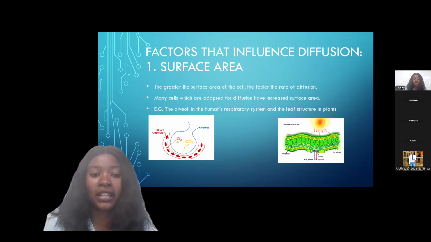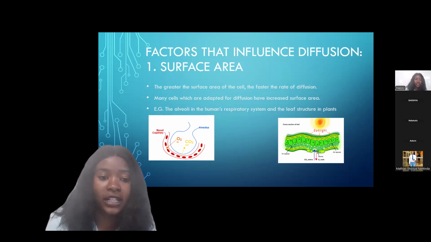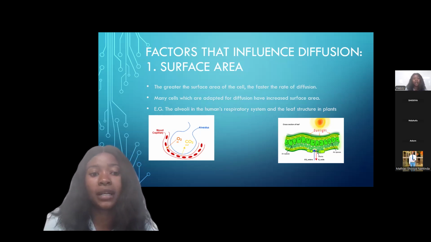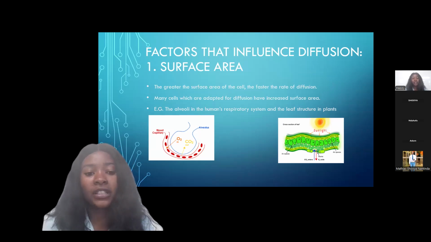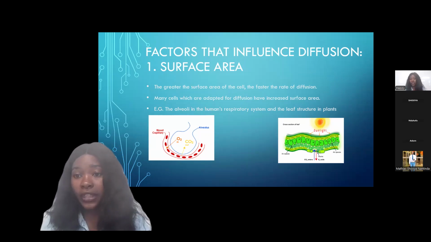That is just showing that oxygen is diffusing from the alveolus going into the blood capillary because it is highly concentrated in the alveolus. That's why it's moving to the blood capillary where it is lower concentrated. All right. And then the carbon dioxide, however, it's diffusing from your blood into the alveolus so that you are now able to breathe it out.